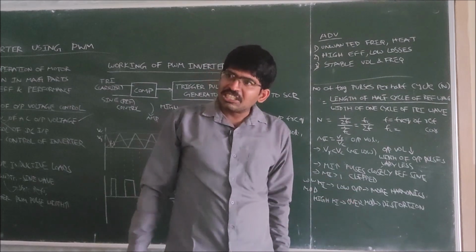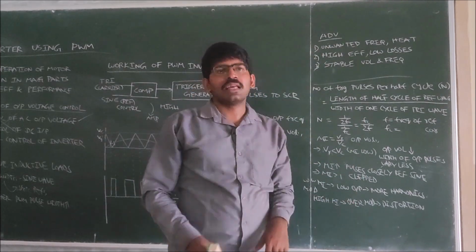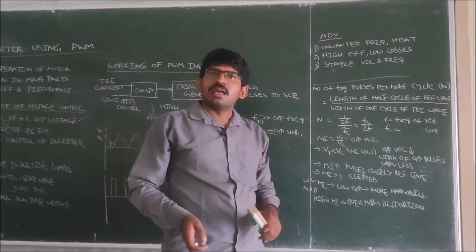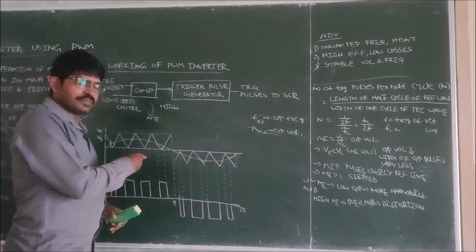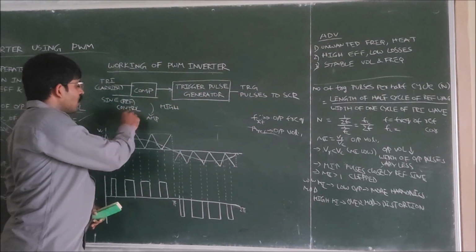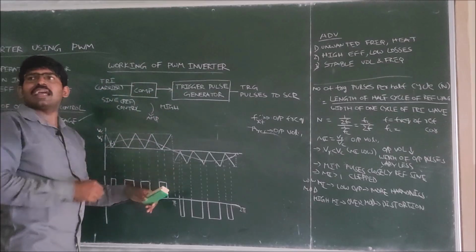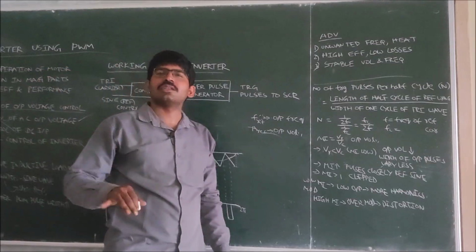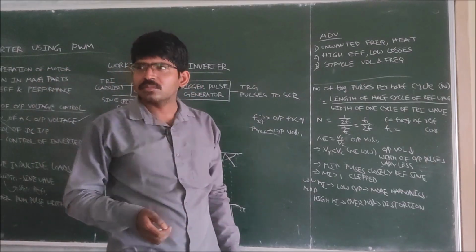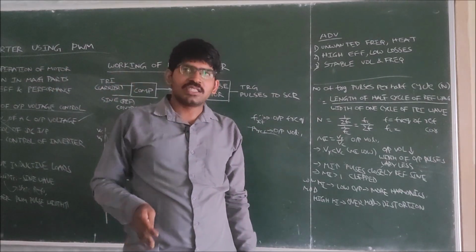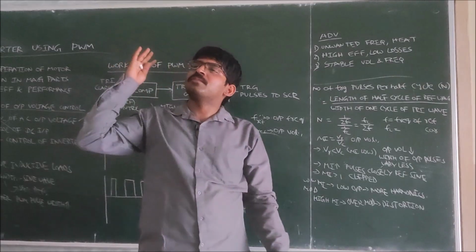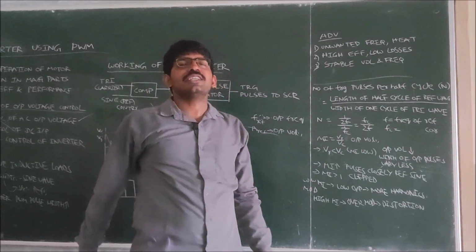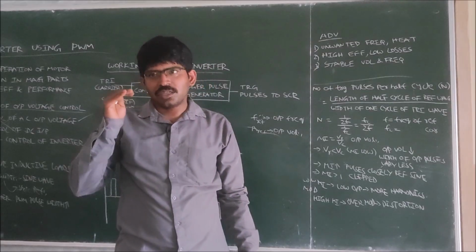If the modulation index is very high, then the sinusoidal signal dominates the triangular signal and obviously it will be clipped. Distortion is not useful to us. So the modulation index should not be very high and should not be very low. A proper modulation index should be there.